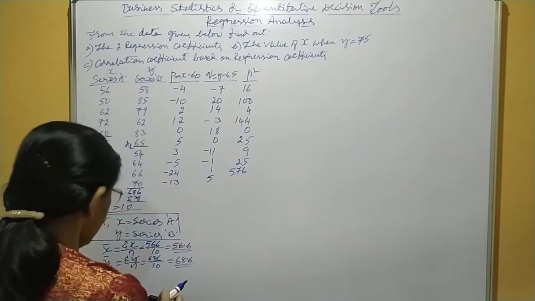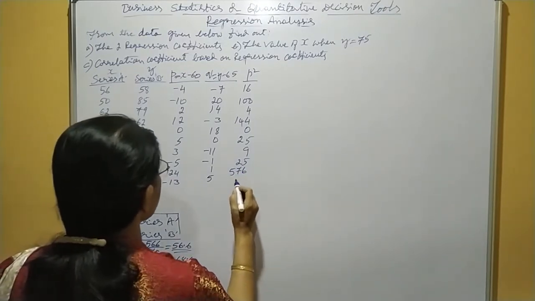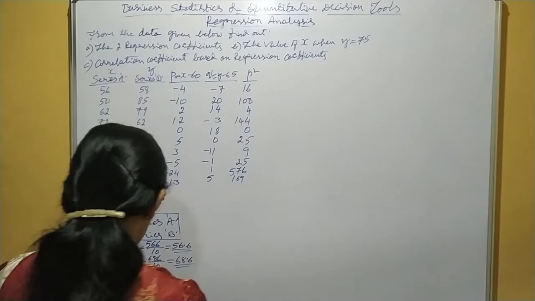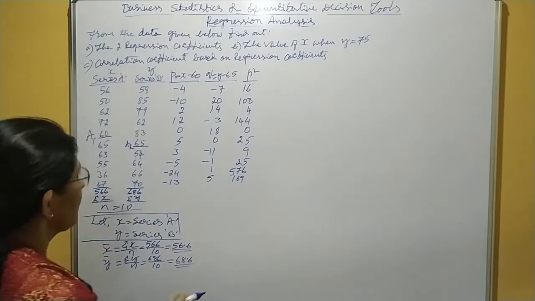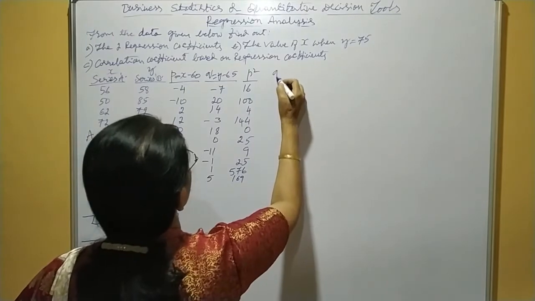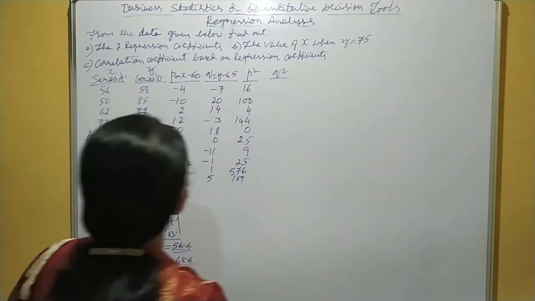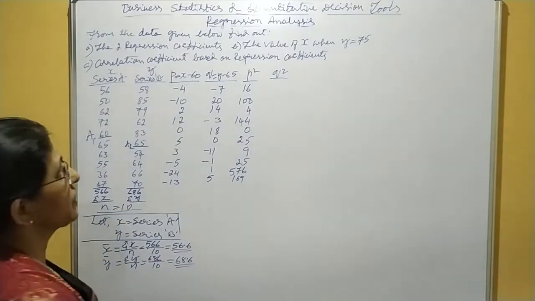576, 13 into 13, 169. Next, take q square. Q square means q into q.